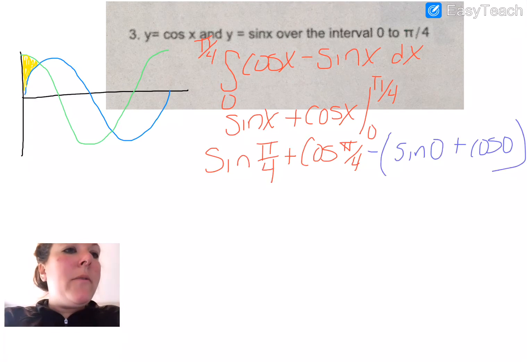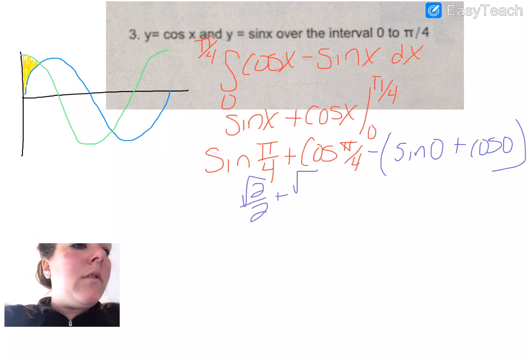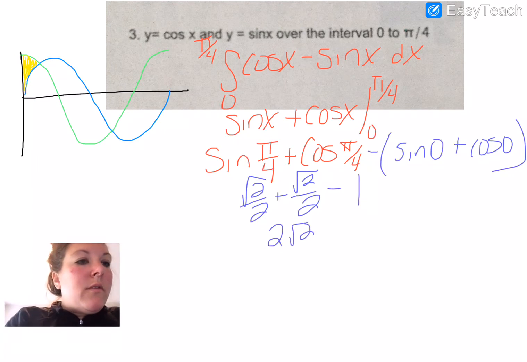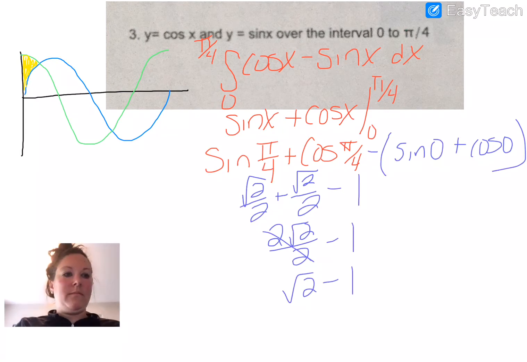Sine of pi over 4 is root 2 over 2, plus root 2 over 2, minus sine of 0 is 0, cosine of 0 is 1, so I'm going to have minus 1. Root 2 over 2 plus root 2 over 2 is 2 root 2's over 2, cancel. Root 2 minus 1.